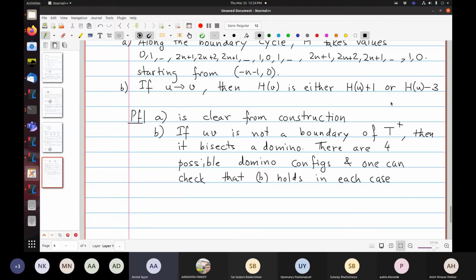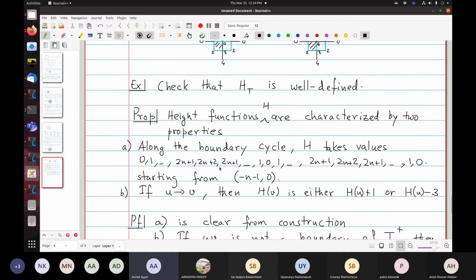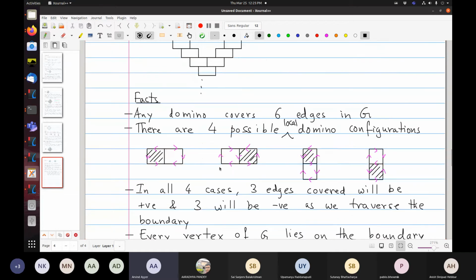By B I mean this part. Remember I showed you all 4 local configurations here. So let's take one of these. I'll leave the others for you.